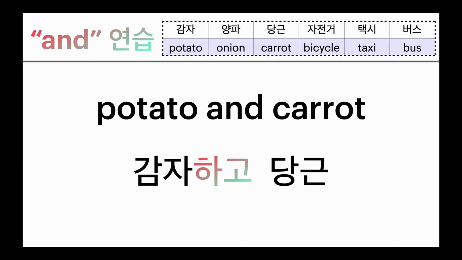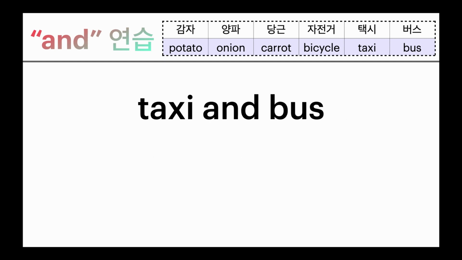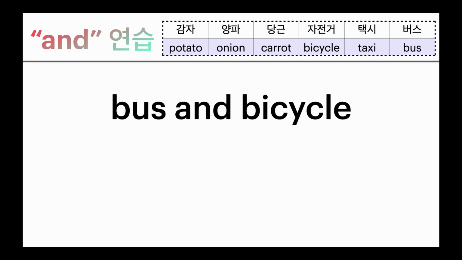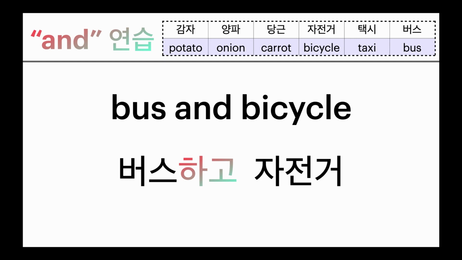Keep in mind that 하고 is attached to 감자 here, and then there is a space between 하고 and 당근. Taxi and bus. 택시하고 버스. Bus and bicycle. 버스하고 자전거.